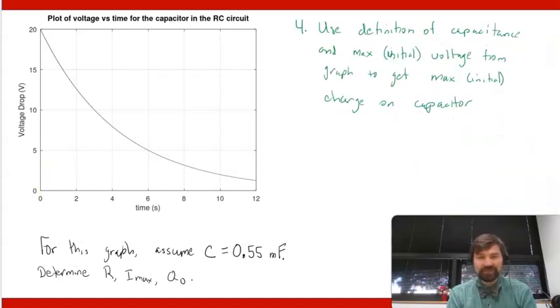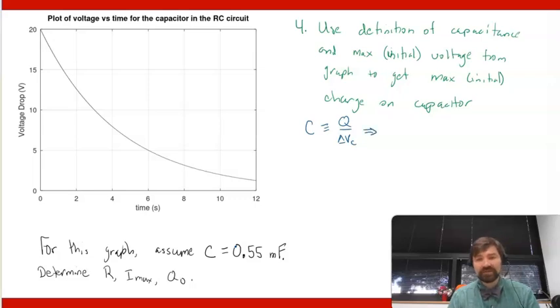The last step to solving the problem that you've been given here is to use the definition for capacitance and the maximum initial voltage from this graph again to figure out what the initial charge is on the capacitor. That definition for capacitance again is C is defined as charge stored divided by voltage drop across the capacitor.